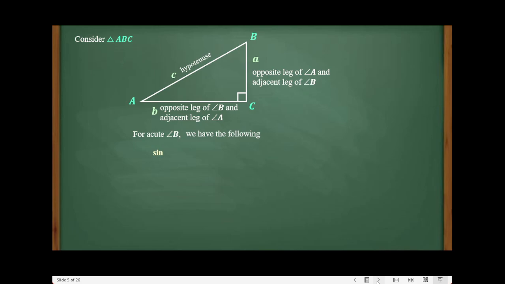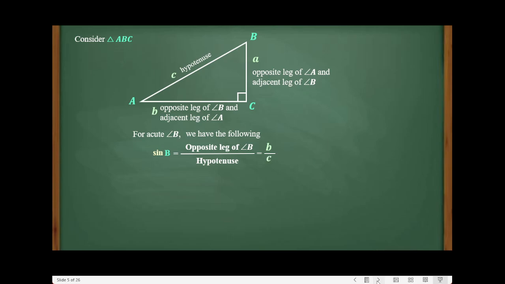Earlier, we defined sine of angle A. This time, we define sine of angle B. Actually, the definition remains the same, but the only difference is that we are considering a different acute angle. So this is the opposite leg of angle B over the same hypotenuse. In symbol, that is small letter b over c.